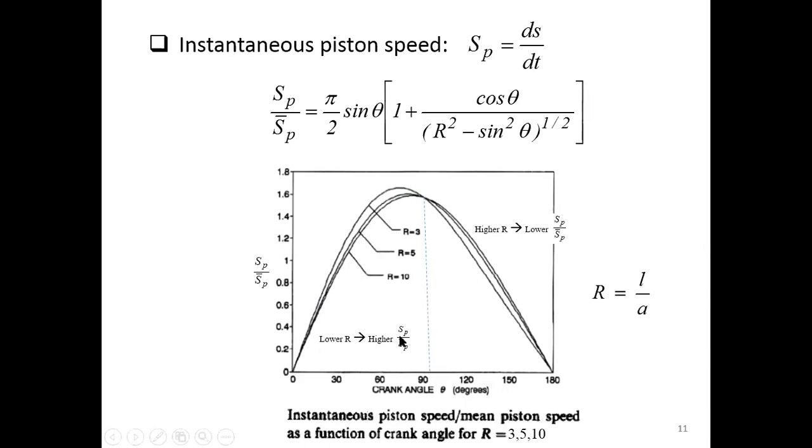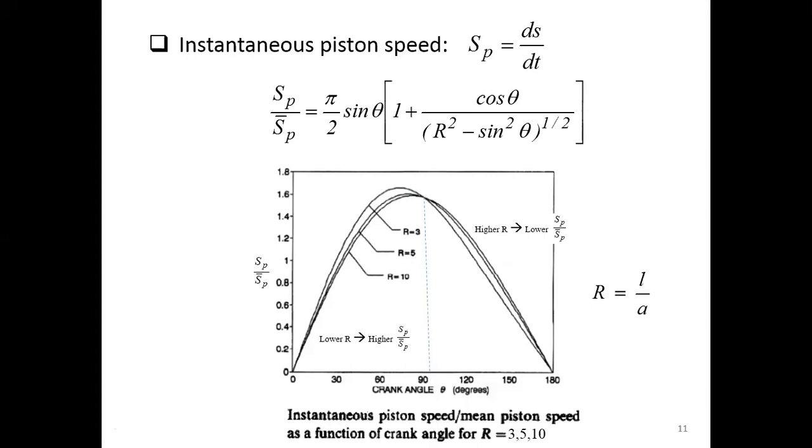You can see that for the lower R, small engine, you have a higher ratio, and for the higher R, large engine, you have a lower ratio of the instantaneous piston speed divided by the mean piston speed. And this happens in the first half of the crank angle. But for the second half, everything goes in the opposite direction.